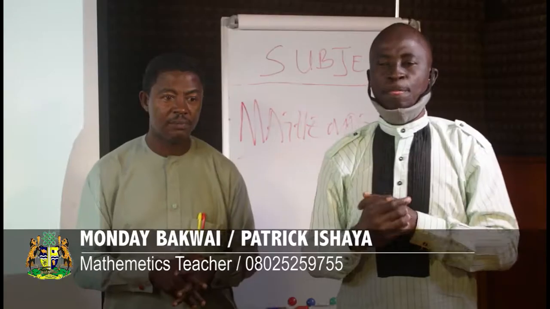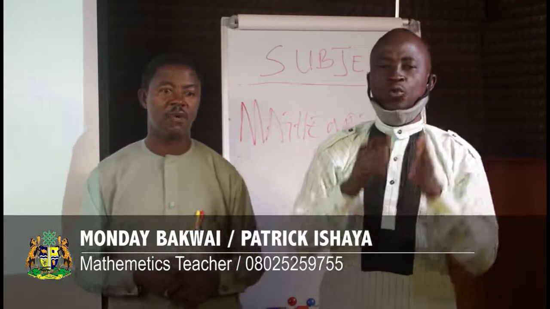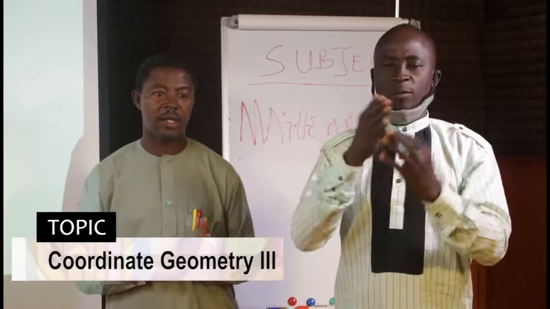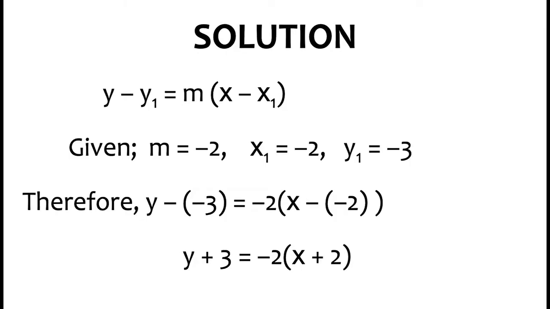So solution, you state the general formula of a line passing through a point and with a given gradient, which is y minus y1 equals to m open bracket x minus x1.